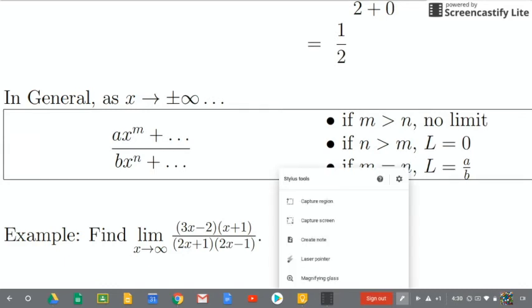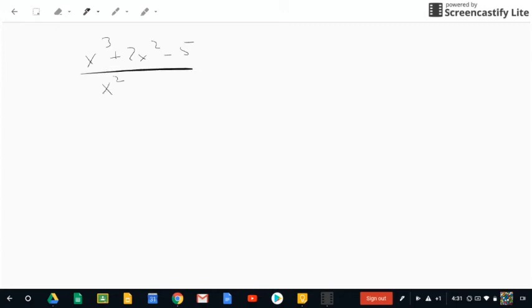Let's grab a really quick little example here. Let's say, for example, that we've got x cubed plus 2x squared minus 5 all over x squared minus 1. So when I want to take the limit as x goes to infinity, what I just showed you is we would take the largest exponent in the denominator, and I would multiply numerator and denominator by 1 over that largest exponent.